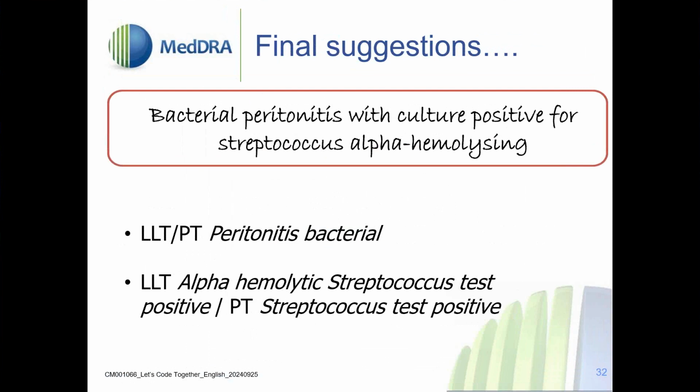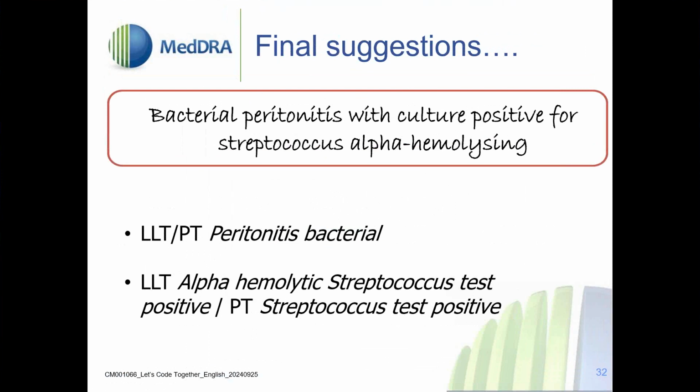So we should not assume that the bacterial peritonitis was due to the alpha-hemolysing streptococcus, and that this positive culture was made out of peritoneal fluid. It's not reported as such. So it could really relate to two separate events, separate findings in the patient, even a complication of the bacterial peritonitis.